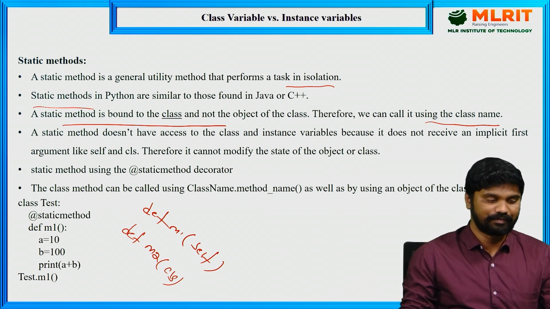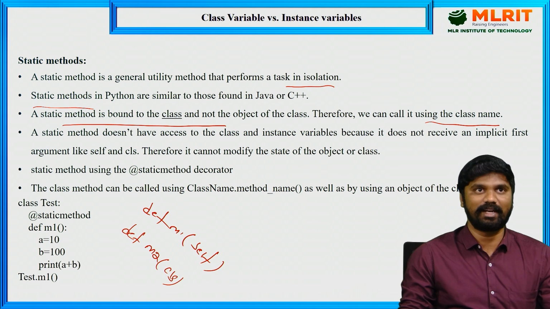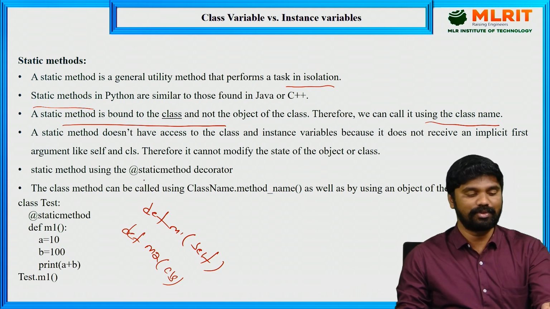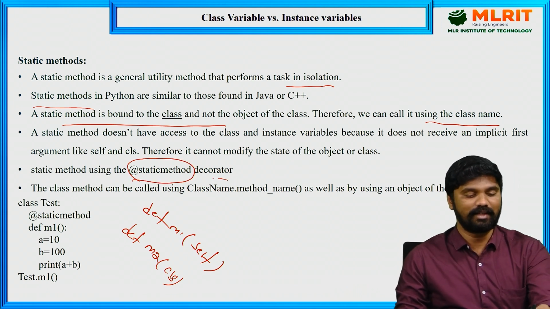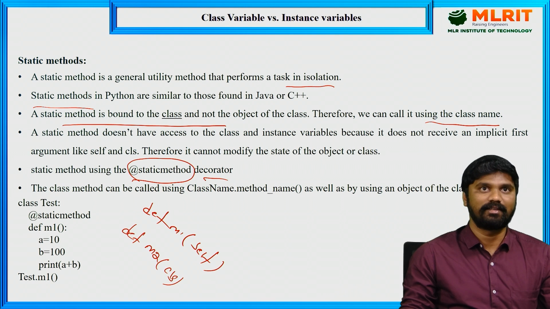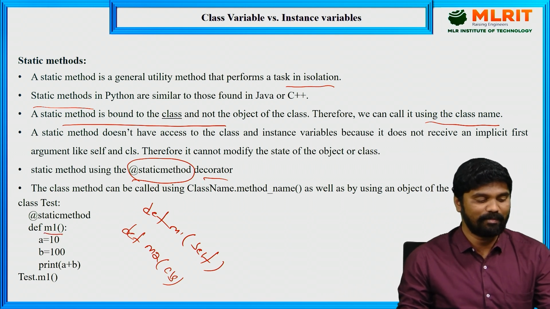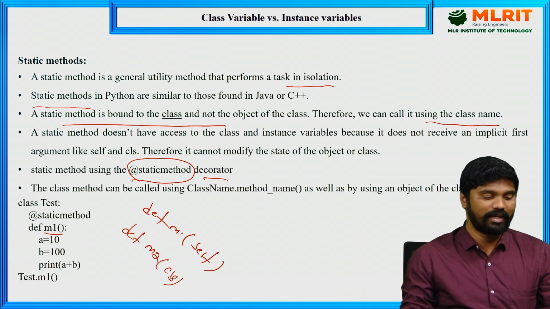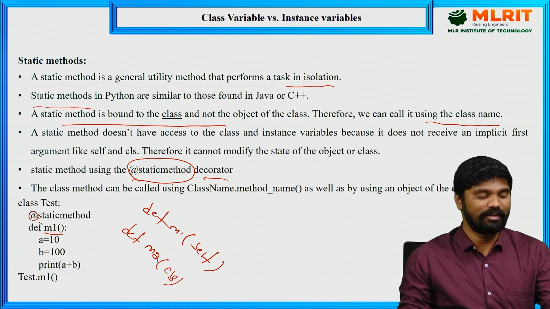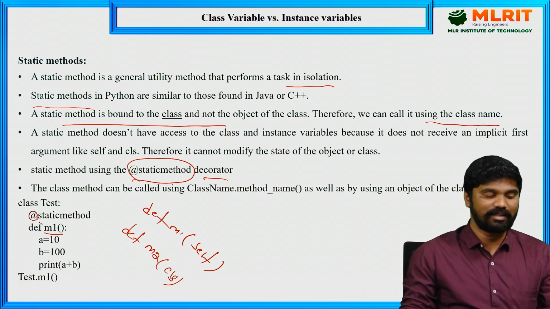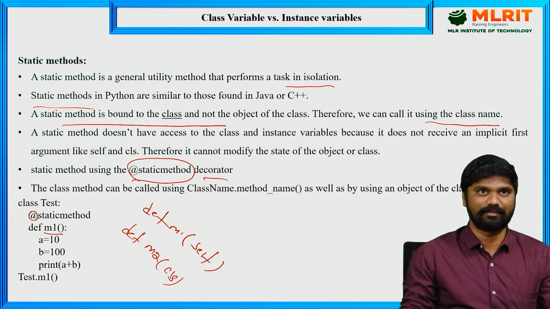And also, if you want to declare the static method, then you must use the @staticmethod decorator. See, for example, here the m1 method is a static method. How can we say that? Because upon it we define the decorator, that is @staticmethod.